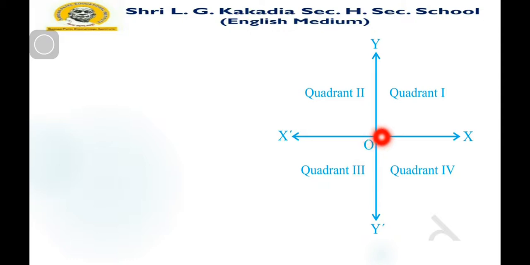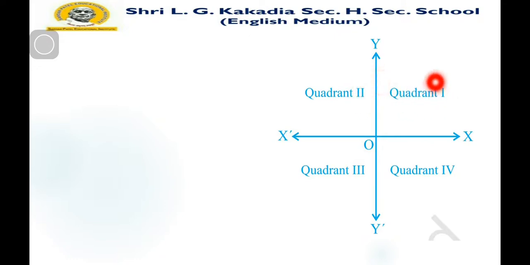If we move from OX in the anti-clockwise direction, meaning this way, then we find the first quadrant, with positive x and positive y, which is denoted by quadrant 1.